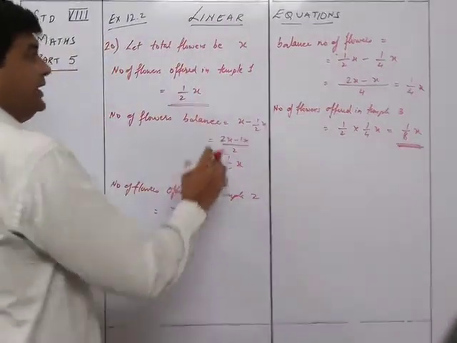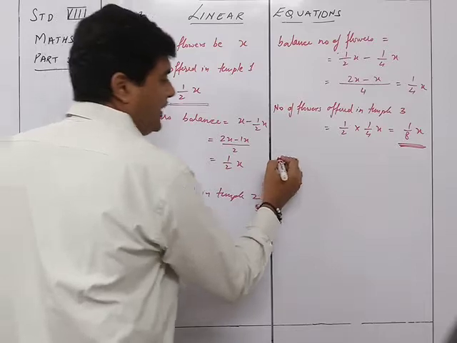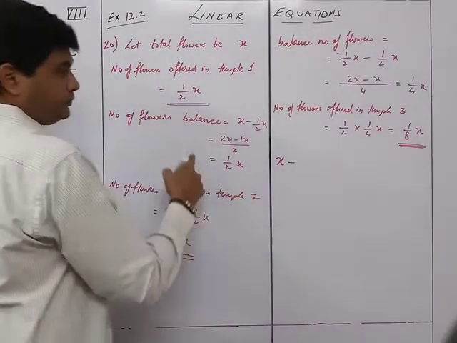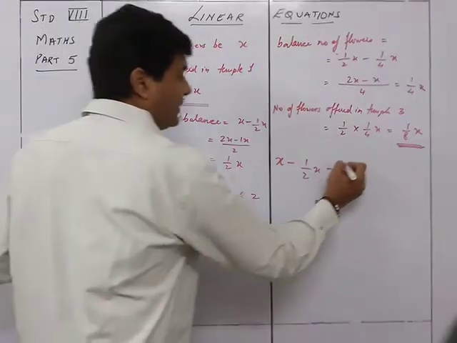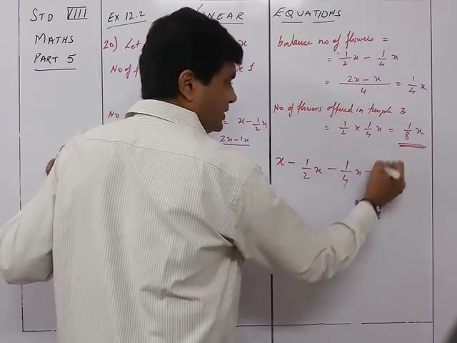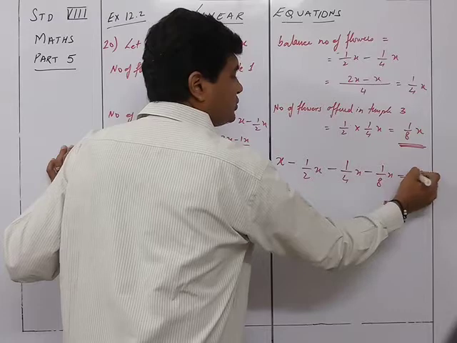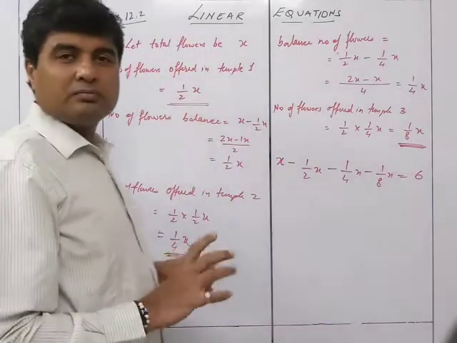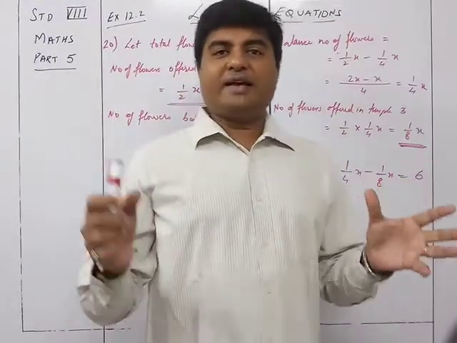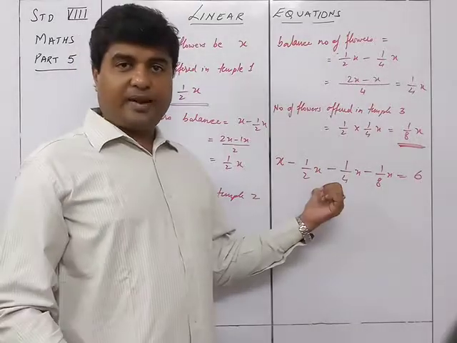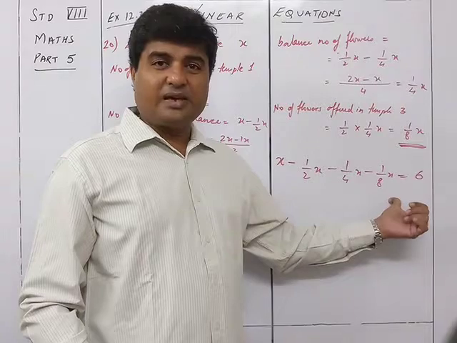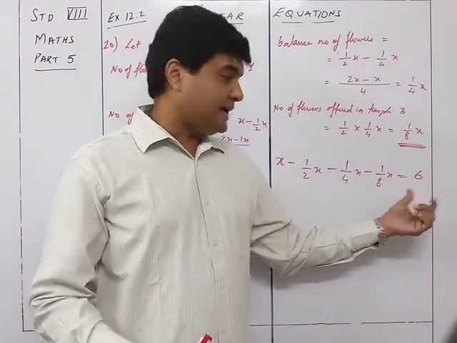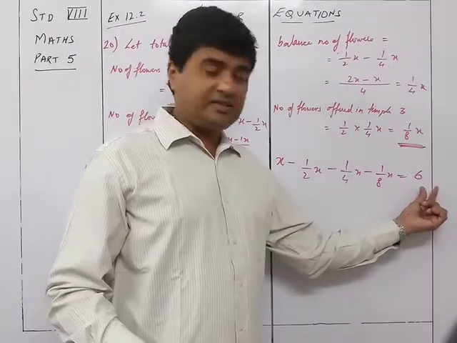So now we can say that the total number of flowers were x. So x minus 1 upon 2x minus 1 upon 4x minus 1 upon 8x is equal to 6. Total number of flowers were x, out of which half went to temple 1, 1/4 went to temple 2, 1/8 went to temple 3, and what is balance with me is 6.